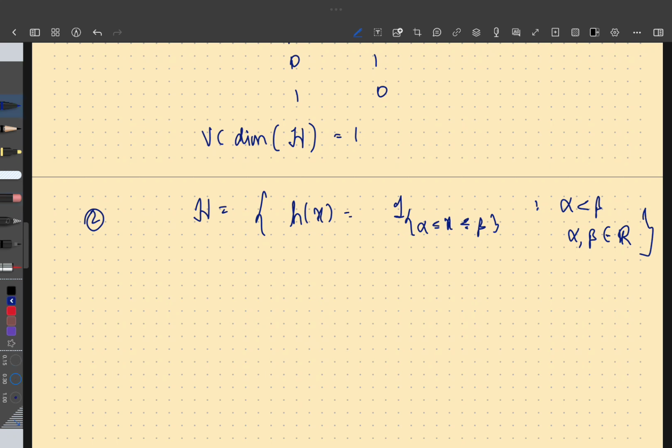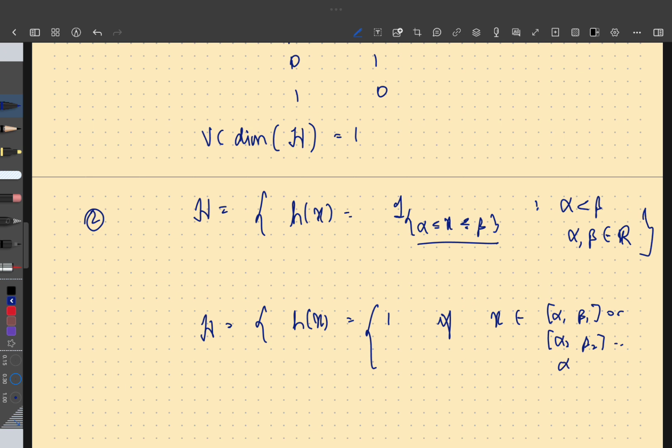So try to generalize this to a case where you have, let's say, a union. So this is basically indicator over some interval. So h is the set of all h of x, which is equal to 1 if x belongs to, let's say, alpha 1, beta 1, or alpha 2, beta 2, and so on, alpha k, beta k, and 0 otherwise.